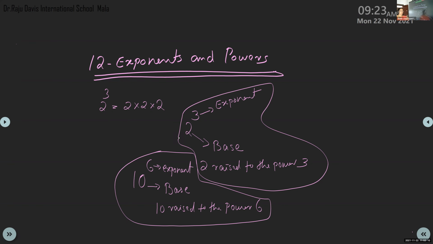And 10 raised to 6: 10 is the base, multiplying 6 times, 10 into 10 into 10 into 10 into 10 into 10. 10 is the base and 6 is the exponent, and we read it as 10 raised to the power 6.